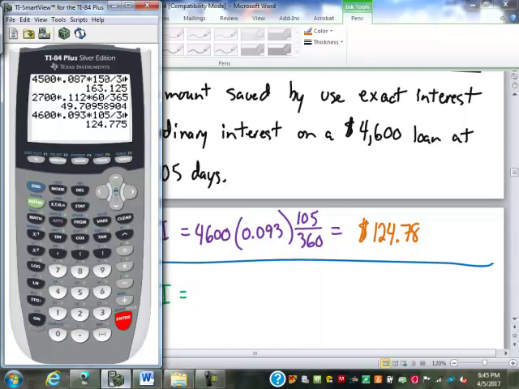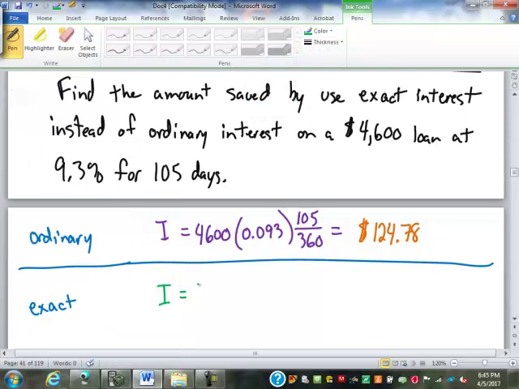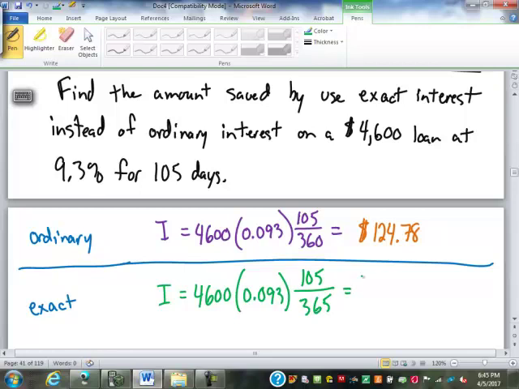Let me see, something I just got punched in wrong, I'm thinking. Now for exact, everything looks the same, so 4,600 times 0.093 times 105 over, the difference is over 365. Good.